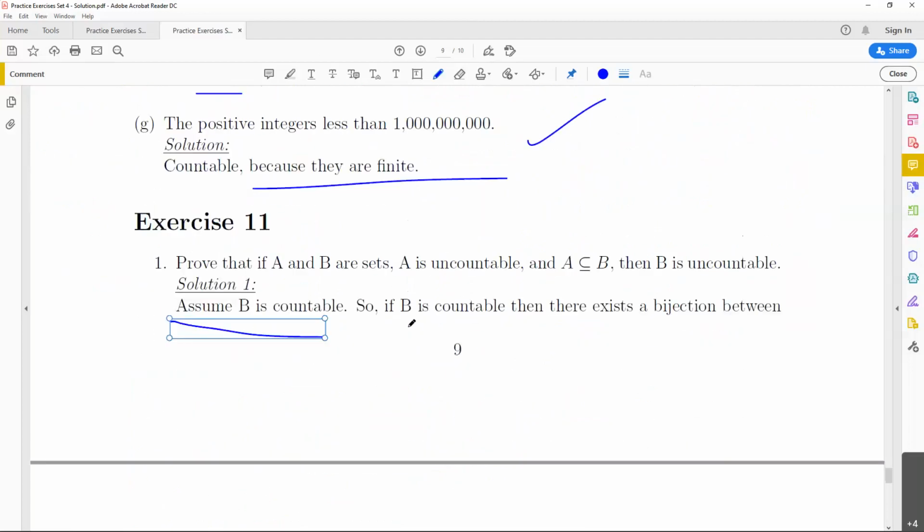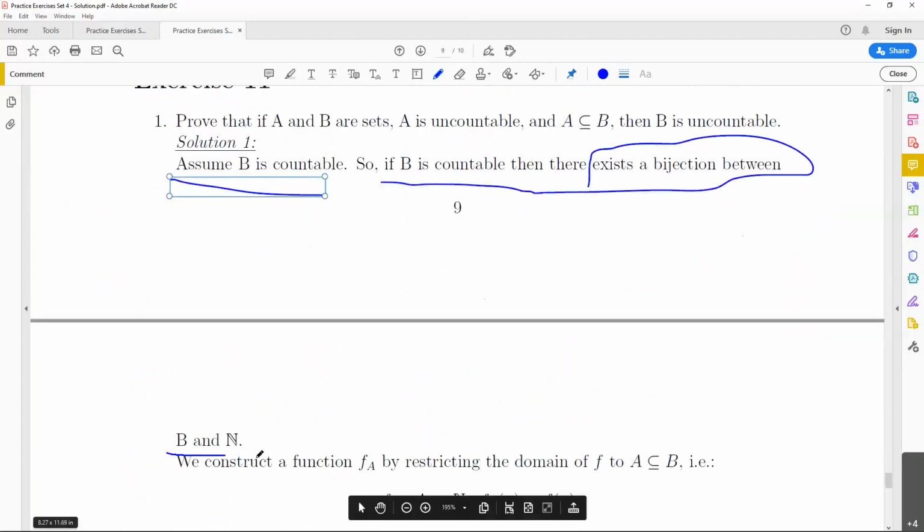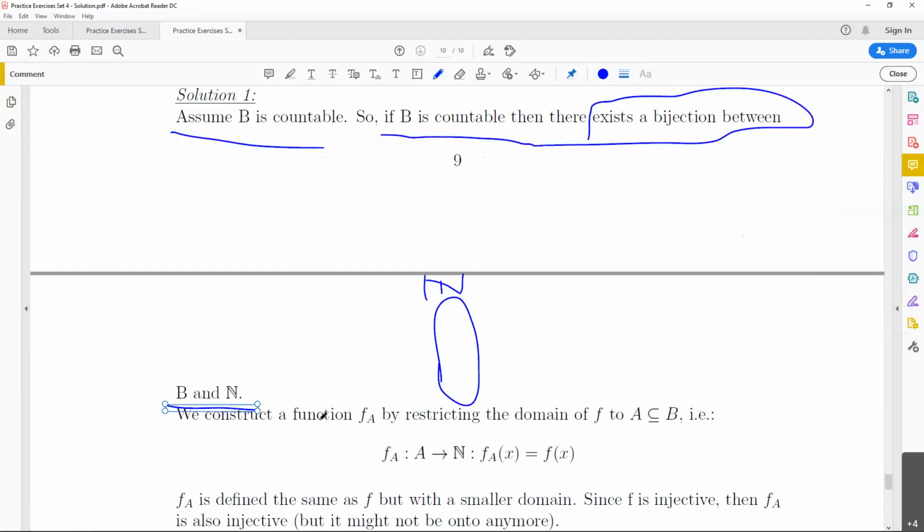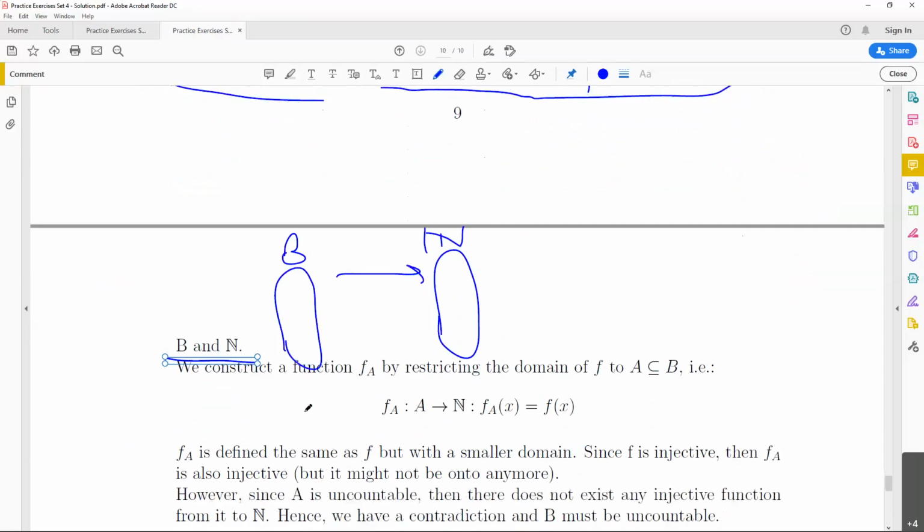Assume B is countable, so if B is countable, then there exists a bijection between B and N. So you have N, and they want to do the bijection from B to N. Now they're going to construct a function f of A by restricting the domain of f.